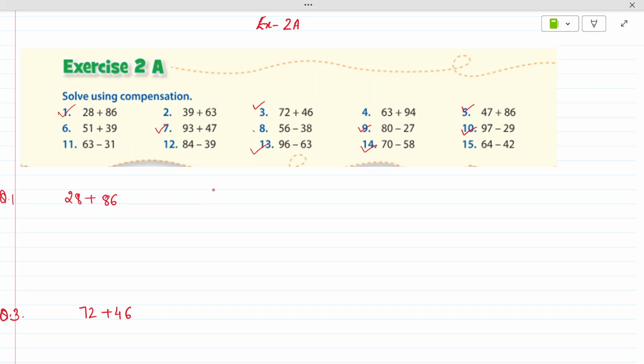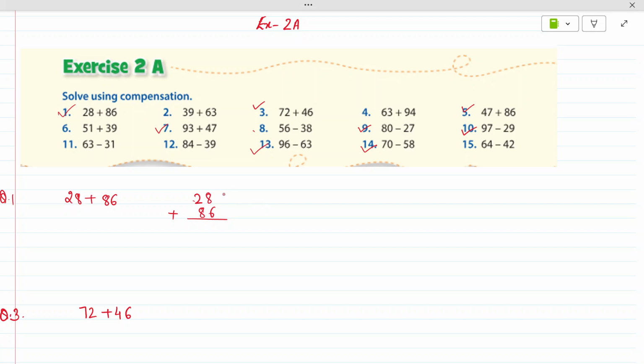Okay, so let's start. I'm taking the first question, 28 plus 86. Let me write here again, 28 and 86 we have to add. The first step is we have to identify which number we have to make a multiple of 10 or 100.